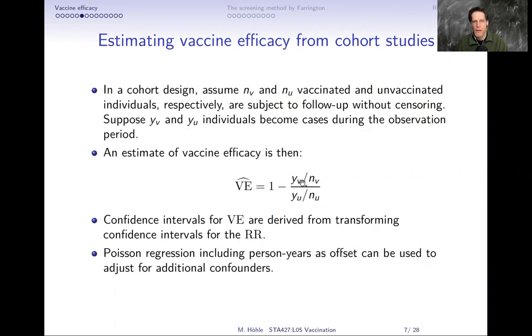Since this is a relative risk, we can get confidence intervals by transforming the intervals for the relative risk, as I mentioned before. And if you want to, you can use a Poisson regression approach using person years as offset in order to get a regression context to adjust for covariates. But then we are already stepping into the hazard ratio approach.